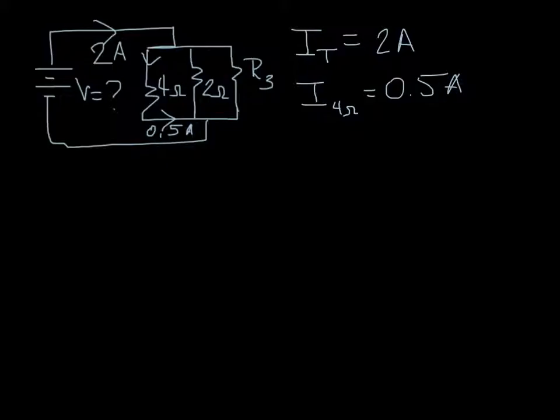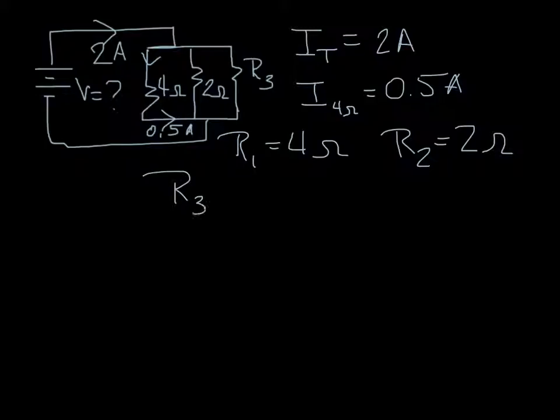We have resistor 1, which is the 4 ohms, resistor 2, which is a 2 ohm, and a resistor 3 that we don't know what it is. And we don't know what the voltage is. But we need to find those.